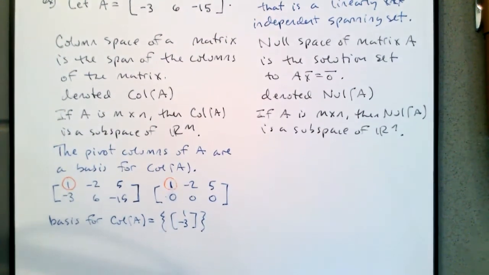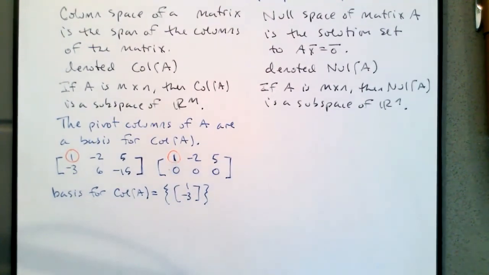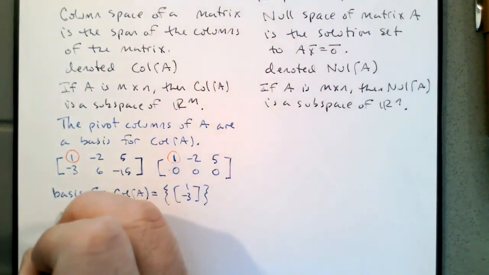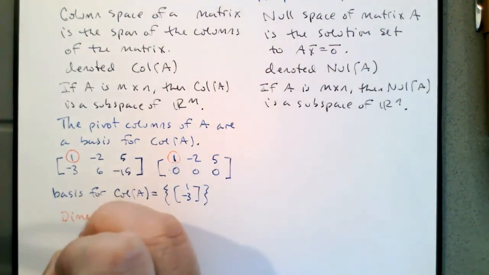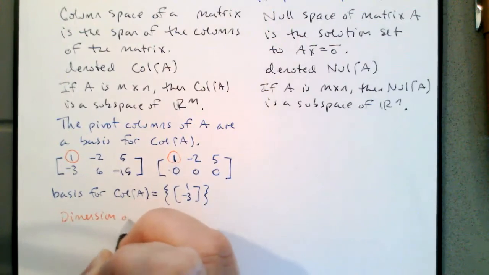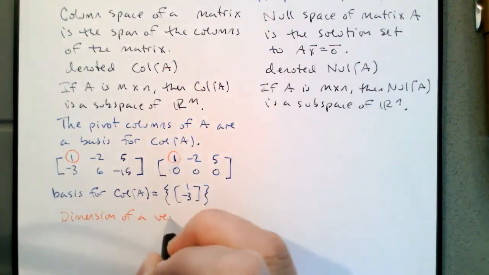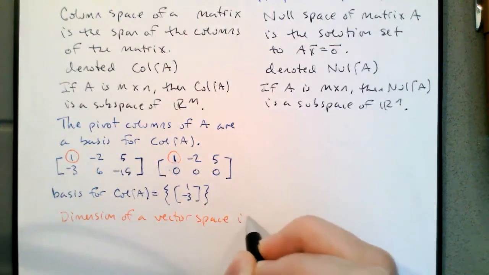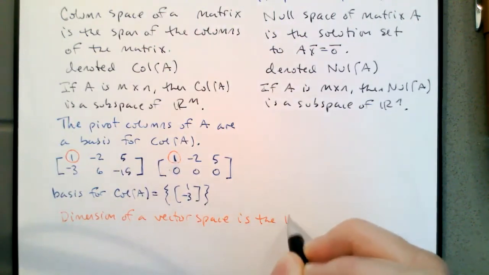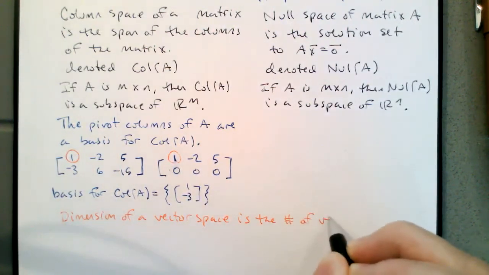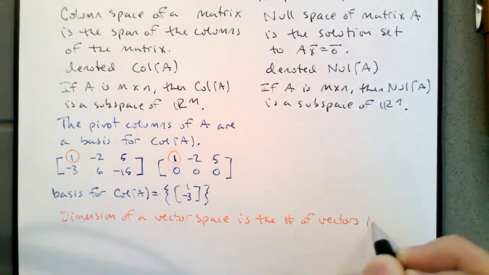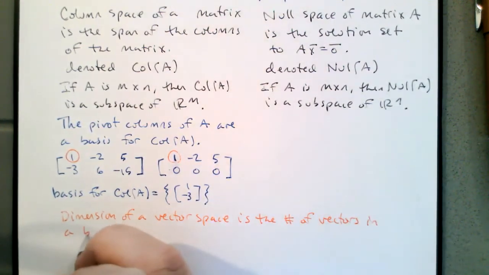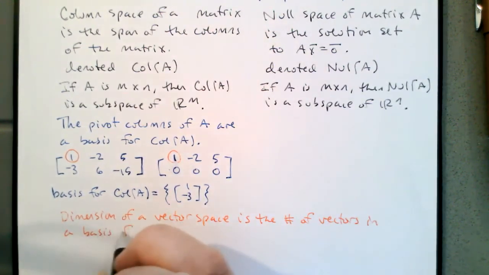Dimension is the number of vectors in a basis. The dimension of a vector space is the number of vectors in a basis for that space.